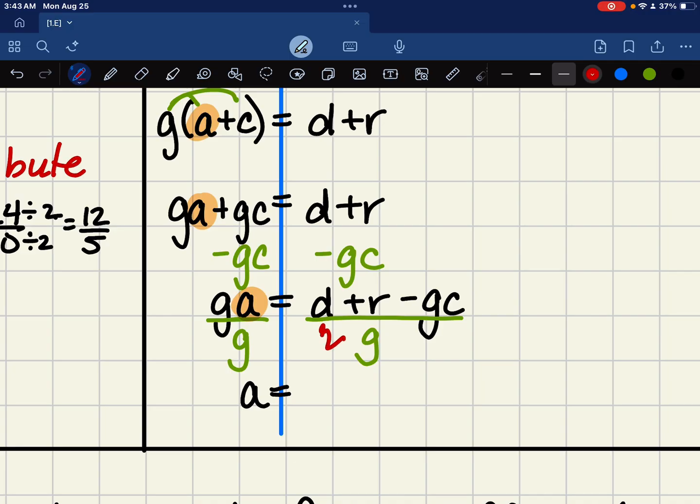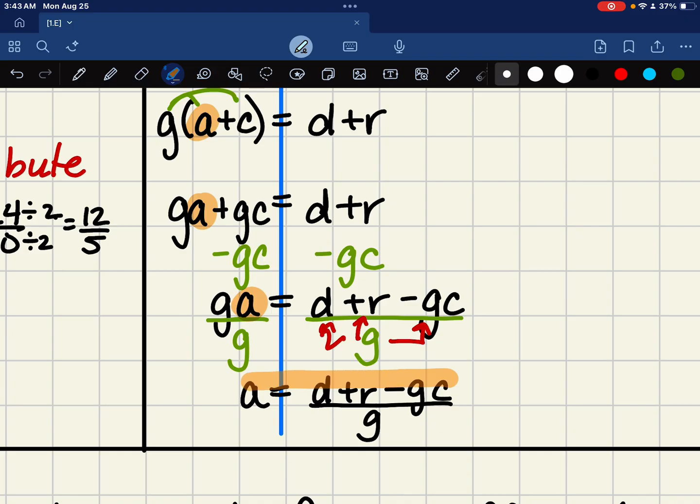I could distribute it if I wanted to, but I don't have to because these aren't numbers. These are just variables. So I think the equation looks cleaner if you don't distribute it. Like if I was trying to manipulate the math, I think this would probably be an easier equation to deal with. So I'm going to leave it.